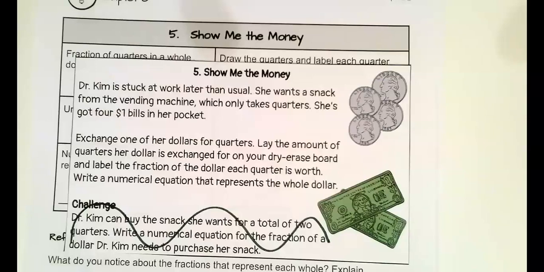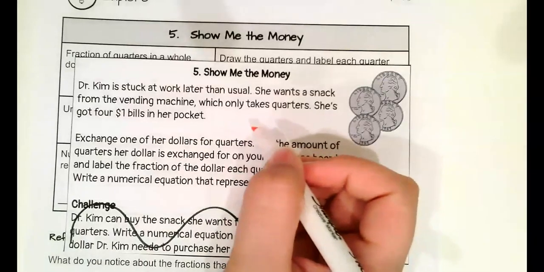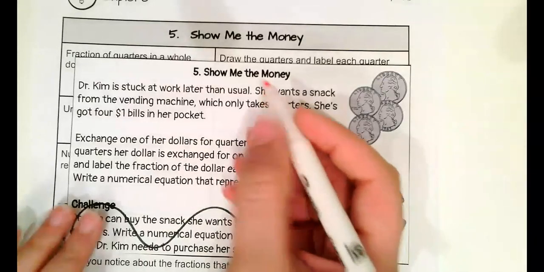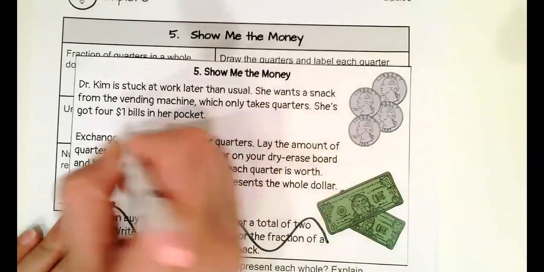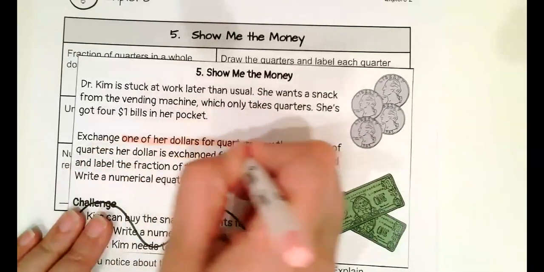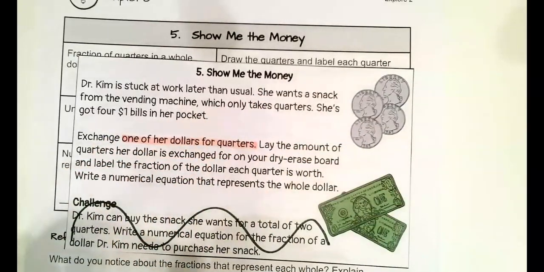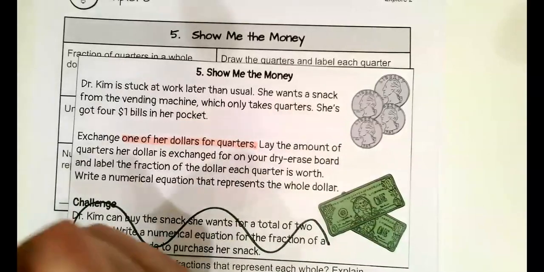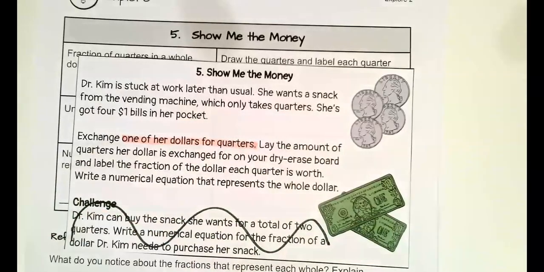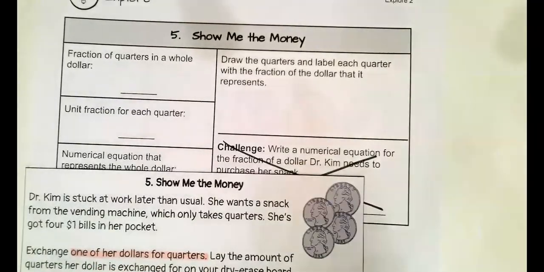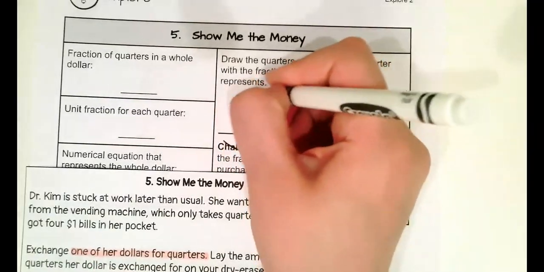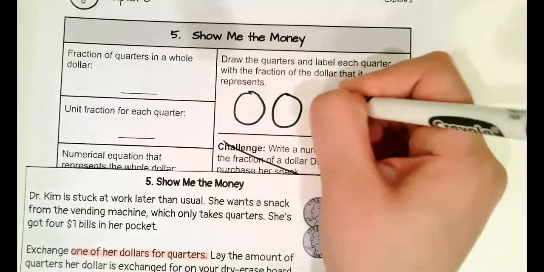Okay, so she exchanges $1 for quarters. So the first thing you need to know is how many quarters make a dollar? 4. 1, 2, 3, 4. Okay, so 4 quarters is what she has.